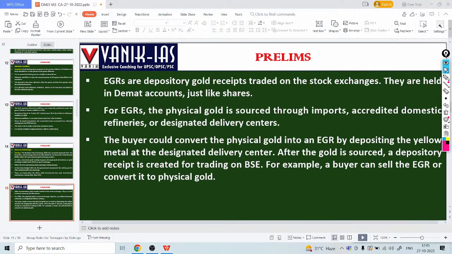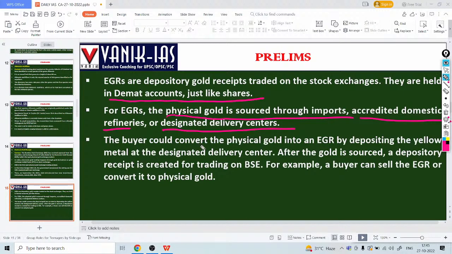EGRs are depository gold receipts traded on the stock exchanges. They are held in a demat account, just like shares. For EGR, the physical gold is sourced through imports, accredited domestic refineries, or designated delivery centers.